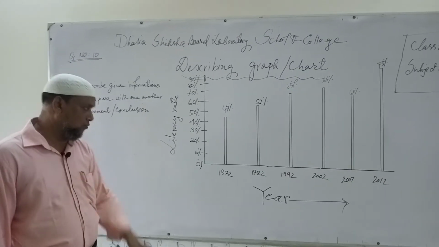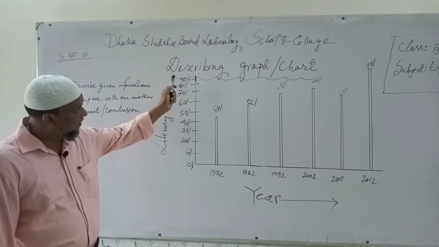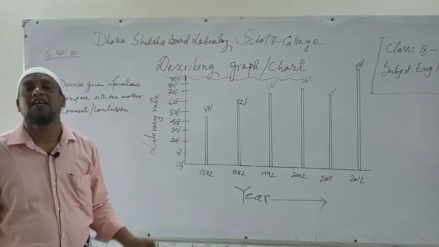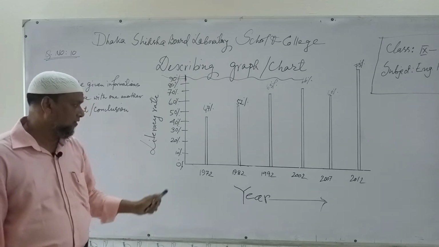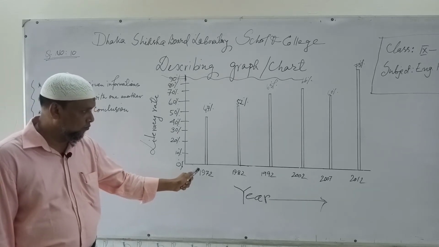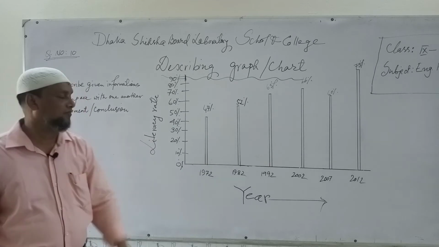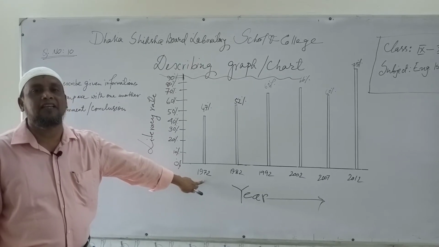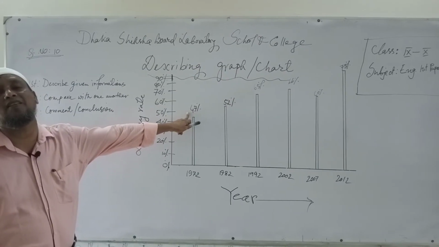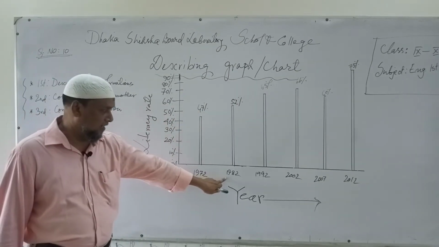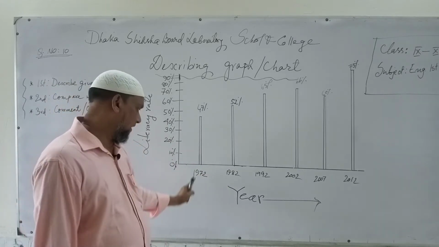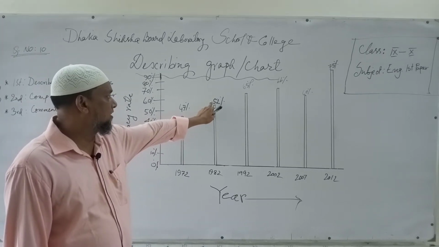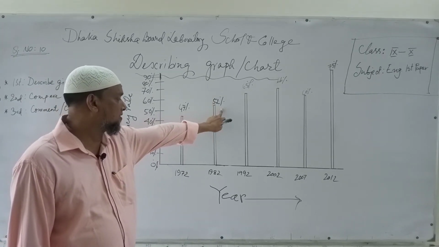You can start in this way. Here is a graph describing the literacy rate of Bangladesh in different years, from 1972 to 2012. In 1972, the literacy rate in Bangladesh was 47%. In 1982, after 10 years, it increased and became 52%.